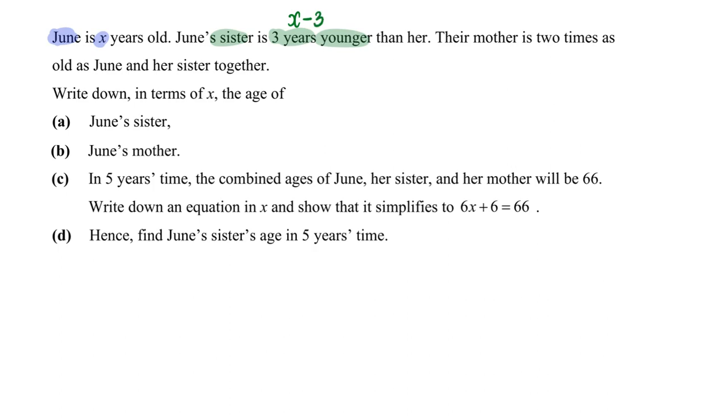Their mother is 2 times as old as June and the sister together. Okay. Part A. Write down in terms of x what is June's sister's age, which I already gotten here. So for part A, the answer is x minus 3.